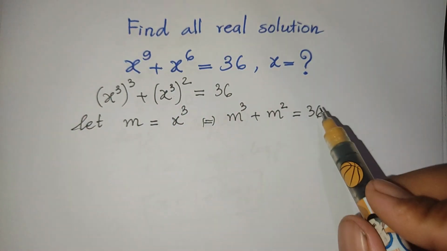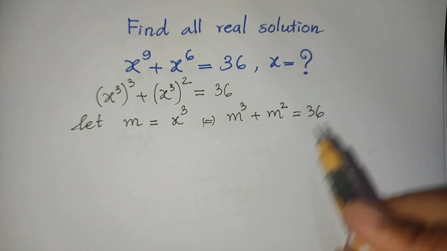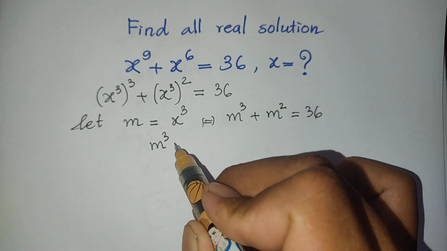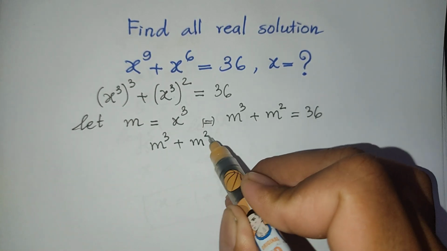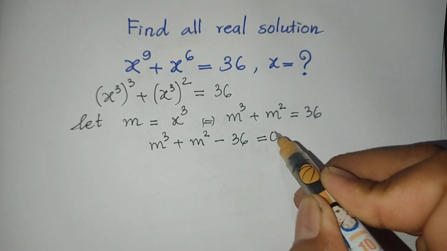And then we change 36 from the right hand side to the left hand side. So we get m power 3 plus m squared minus 36 equal 0.